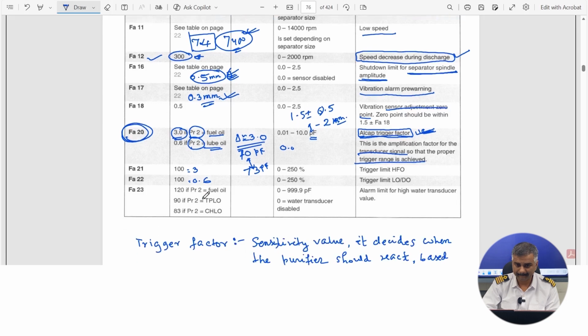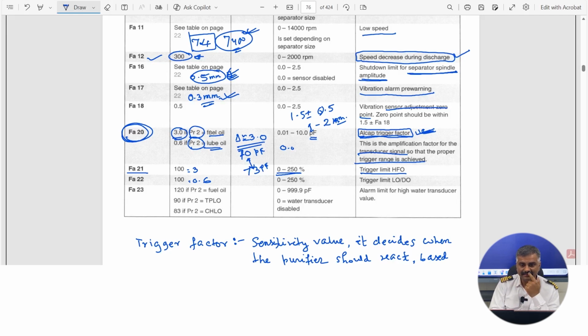Okay, now comes FA21. FA21 is basically the trigger limit for the HFO purifier. It can be set from 0 to 100%. When we are talking about the trigger limit, we are increasing or reducing the sensitivity, that is, at what point this value should be reached.